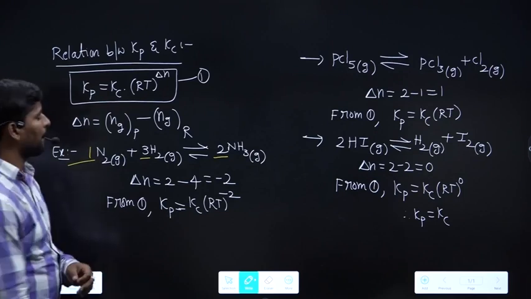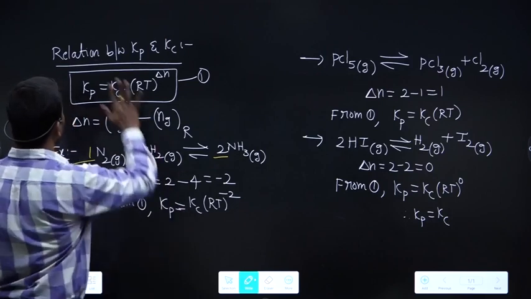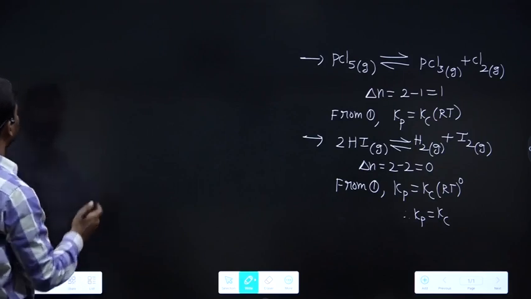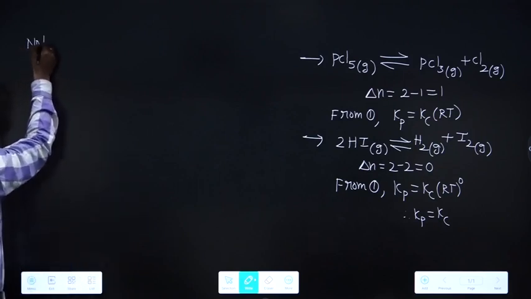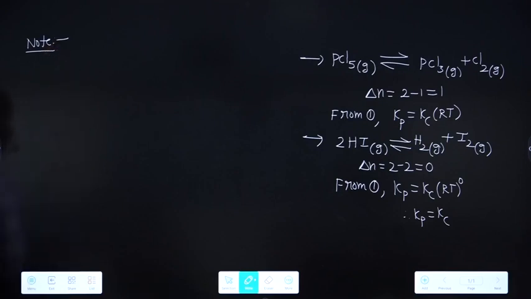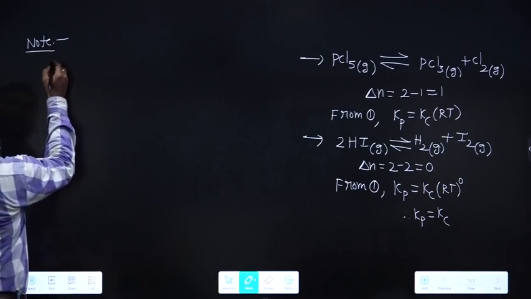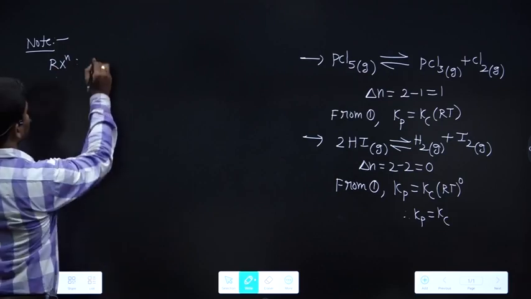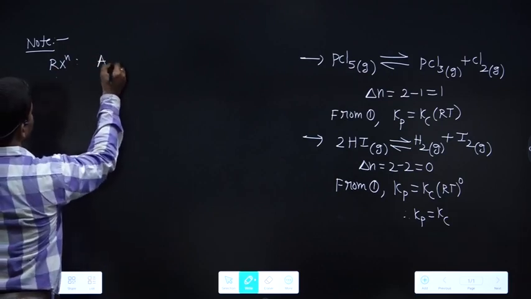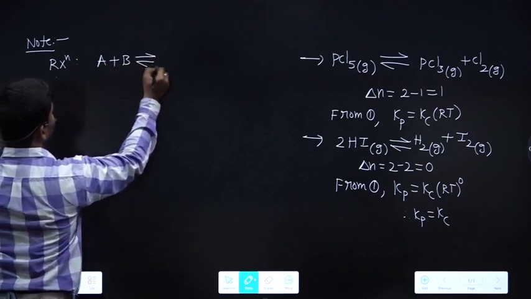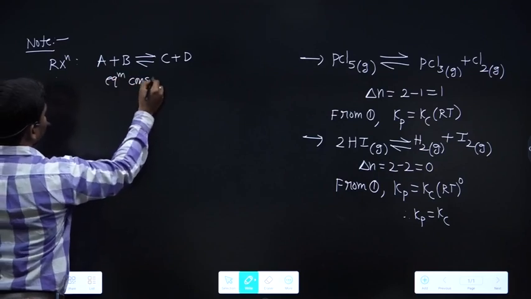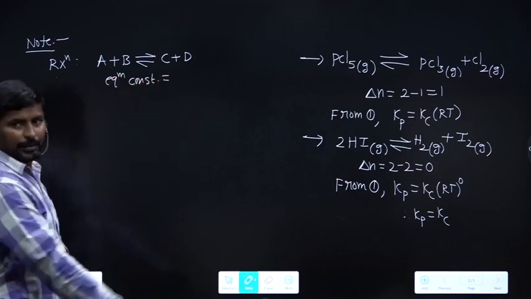Next, put a note. For example, I am taking a reversible reaction: A plus B is in equilibrium with C plus D. For this, the equilibrium constant means the ratio of forward rate constant to backward rate constant.